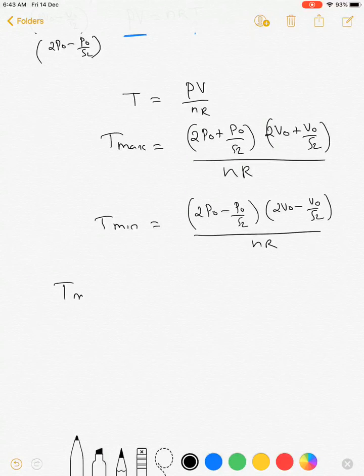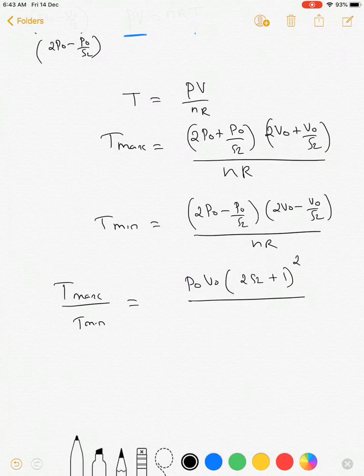If we take their ratio, T max divided by T minimum, we can take P naught V naught as common, so it is P naught V naught into 2 root 2 plus 1 into 2 root 2 plus 1, that is 2 root 2 plus 1 the whole square, divided by nR, and nR will get cancelled, and it is P naught V naught into 2 root 2 minus 1 the whole square.